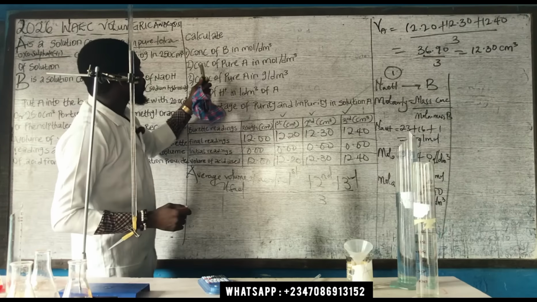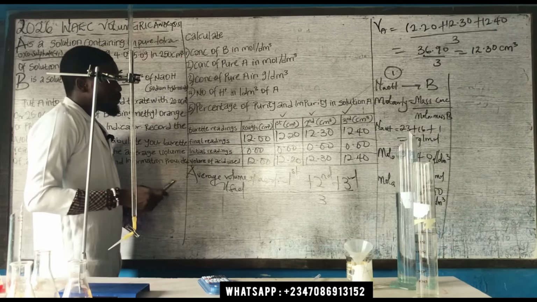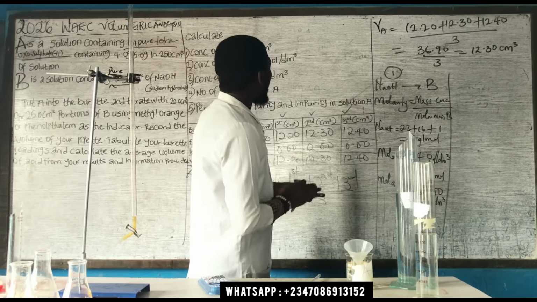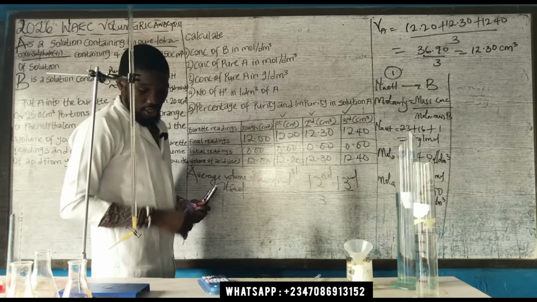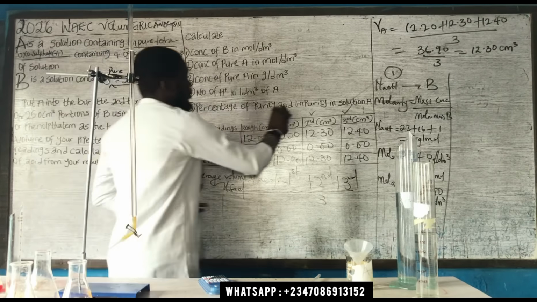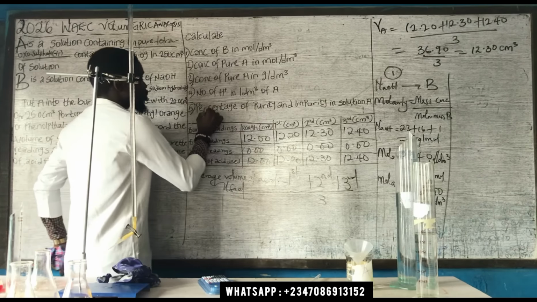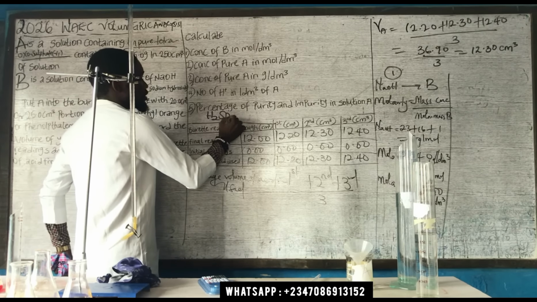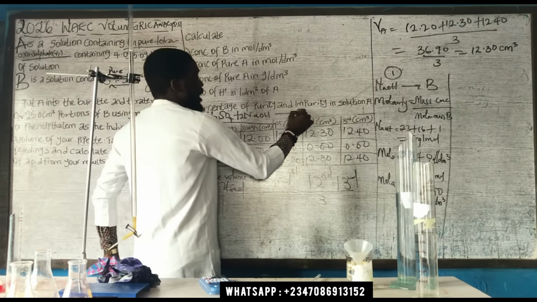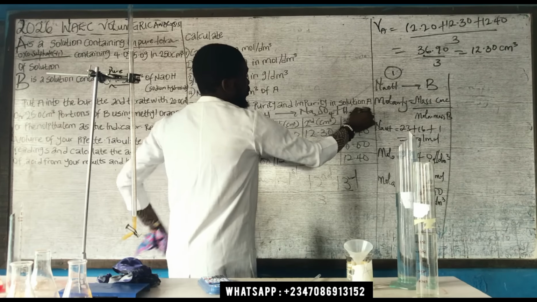The second one, concentration of A in mole per dm cube. Before we can calculate that, I will advise you to know the equation to use for this type of reaction. We have sulfuric acid H2SO4 plus 2 moles of sodium hydroxide giving Na2SO4 plus water.